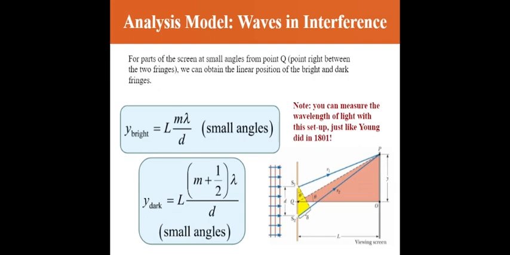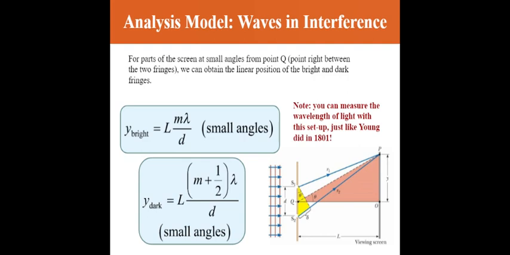So in your lab, if you're like Thomas Young, you set up this projection box yourself. So you get to know what L is. You get to know what d is because you built the lab yourself. And then on the projection screen, you can actually see the pattern.